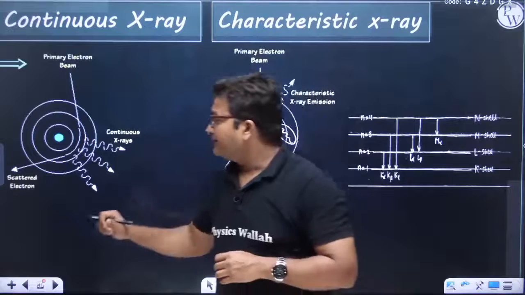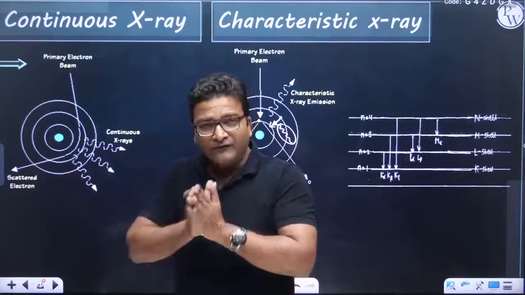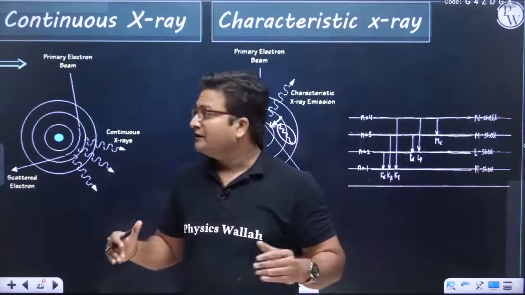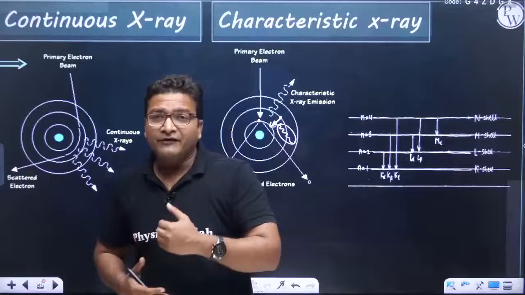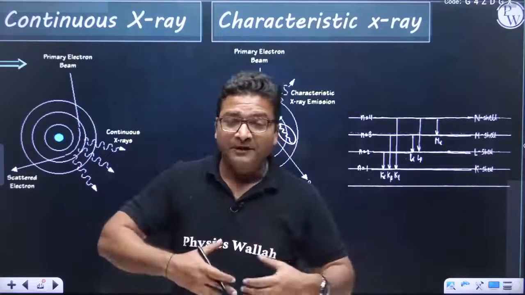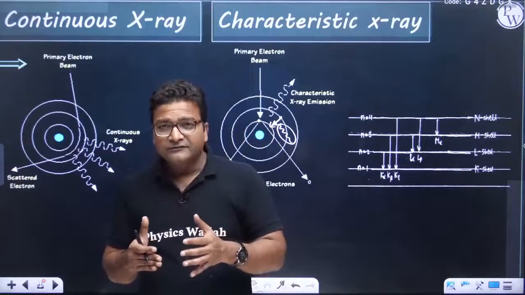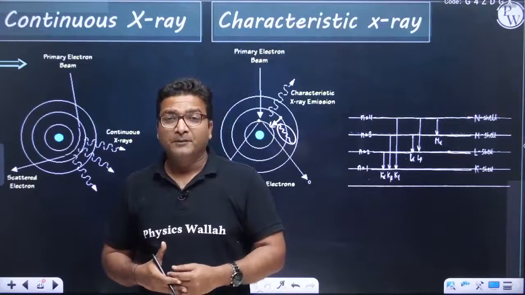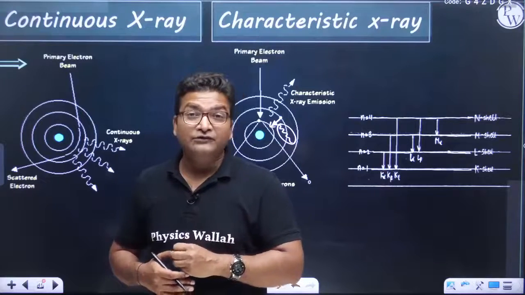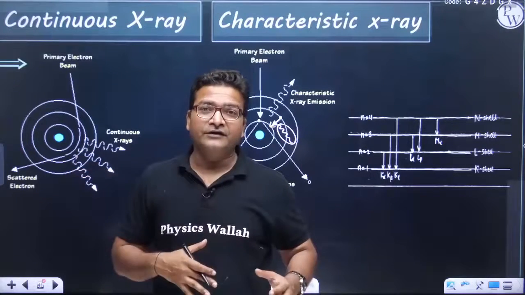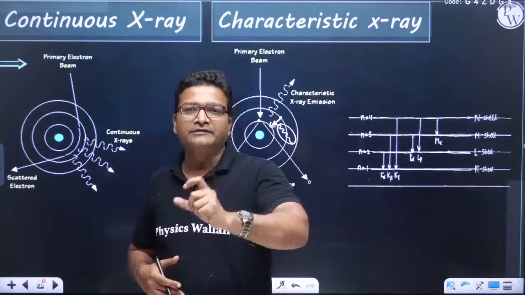As I said earlier, the loss of energy of an electron may be of infinite types. Okay. At some collision, it loses only 10% of its energy. At some collision, it may lose 40% of its energy. So it always depends upon circumstances. But suppose some special electron loses its entire energy in only one collision, and only one photon is emitted.